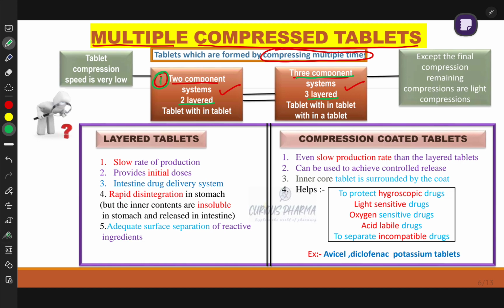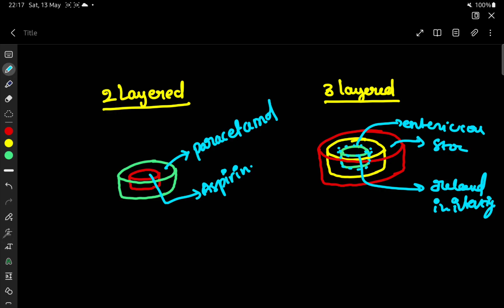In the first one, two layered means a tablet within the tablet, and three layered means a tablet within a tablet within the tablet. Here I will be showing the images. See here, two-layer tablet means first a tablet is manufactured and it is placed inside the excipients or any other drug of another compression, and it is subjected to another compression.